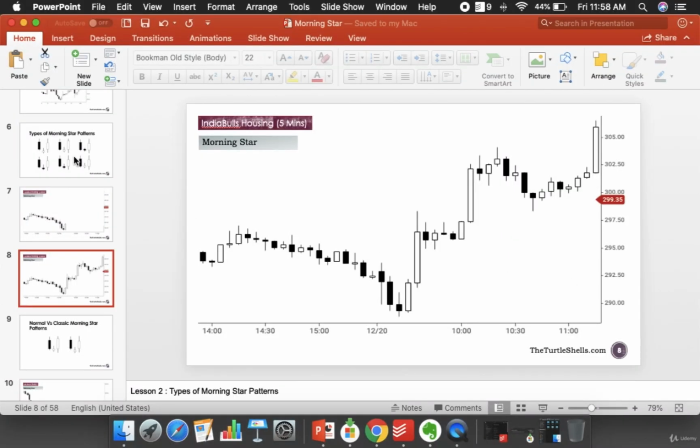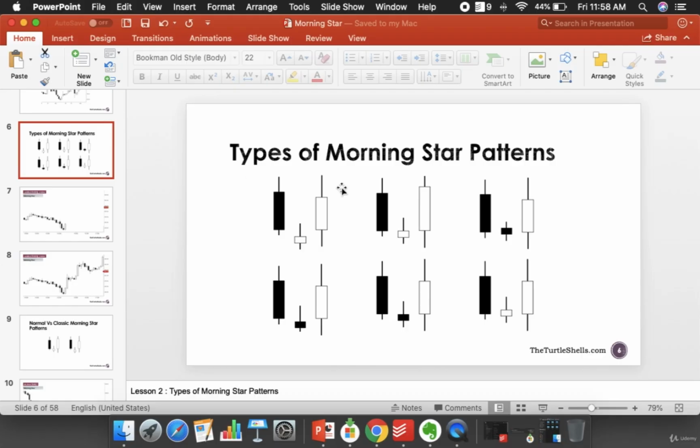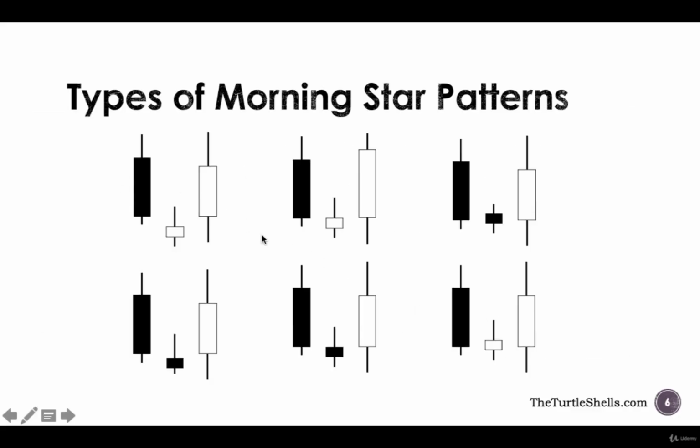Alright, now let us look at the different types of morning star patterns. The basic criteria of a morning star pattern, let me repeat: the first candle should be a long black real body. The second candle should be a spinning top, a small black or white real body. And the third candle should be a long white real body which closes above the midpoint of the first black real body.